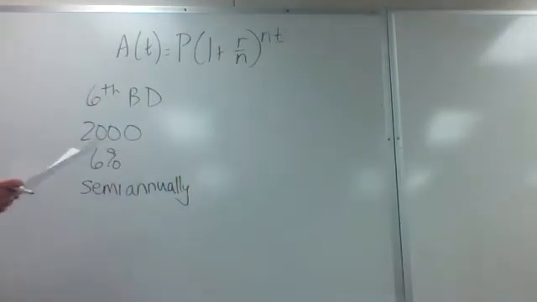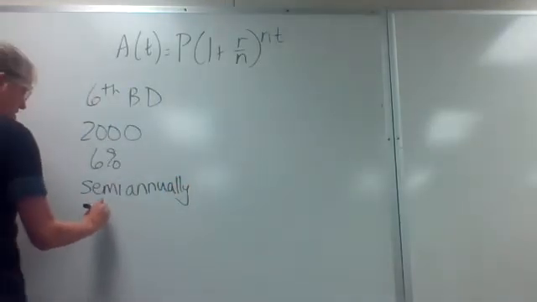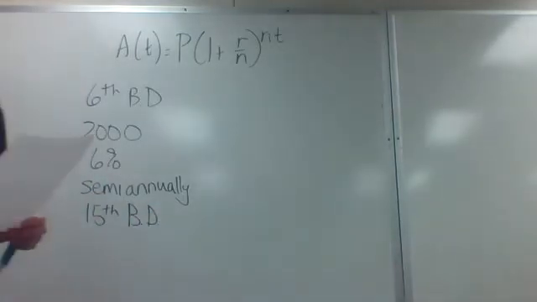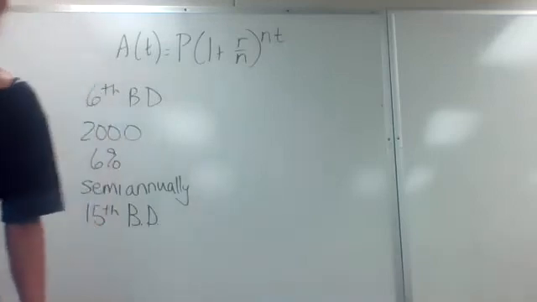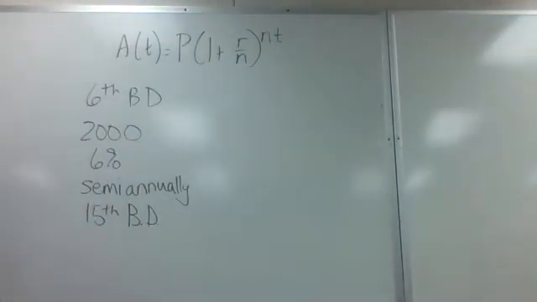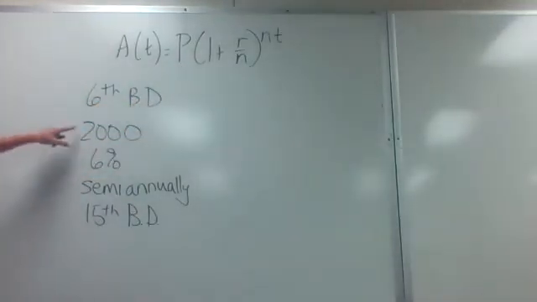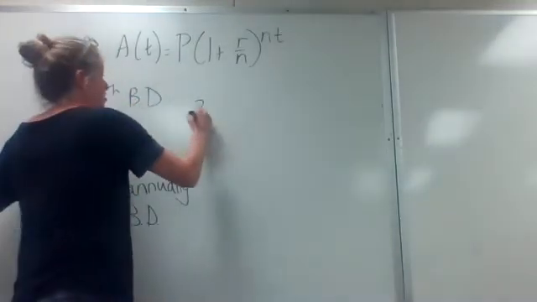If the CD matures on her 15th birthday, how much money would be available? So let's see, what's the principal? How much is she starting with? 2,000.